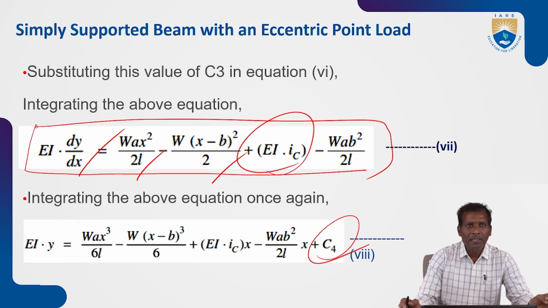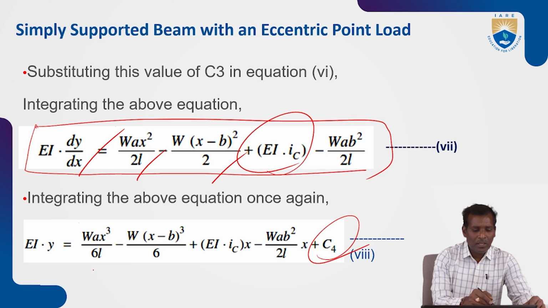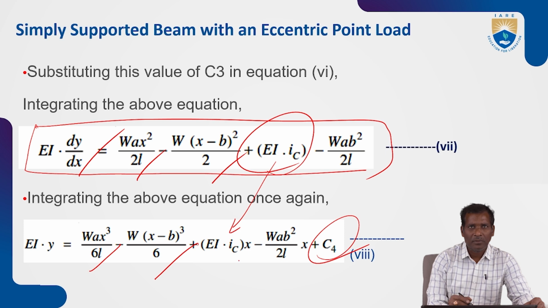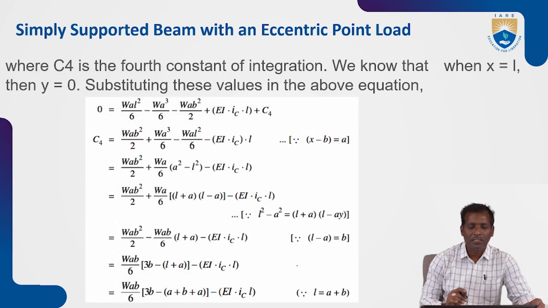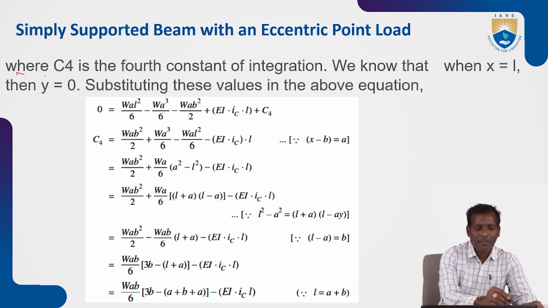So EI into Y is equal to Wa X cube by 6L minus W into X minus B whole cube by 6, and the term EI into theta C converts after integration to EI into theta C into X, minus WaB square by 2L into X plus C4. Now calculate C4, the fourth constant of integration.